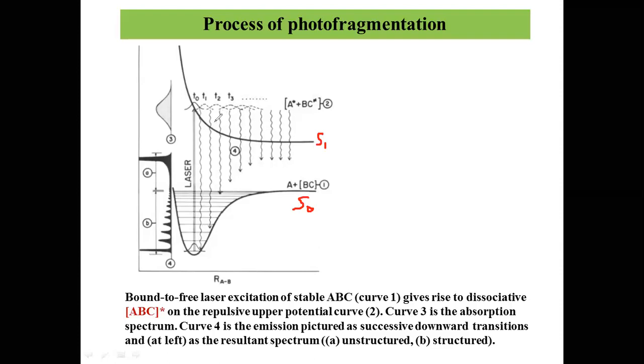And then when the system comes back to this, you are going to get the spectrum, right? For this transition absorption, you are going to get a broad spectrum. You know all these things like the Boltzmann distribution, where you get the broad spectrum for the absorption. Now for the emission, when it comes back, because of the overlap integral with the ground state wave function, you are going to get the structure, right?